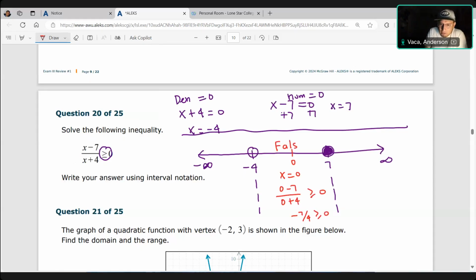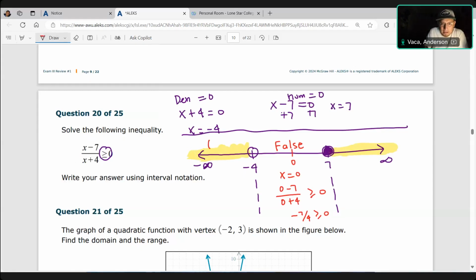It will not work. So to speed up through this process, hopefully I can use this highlighter. This is going to be the solution, and that's going to be the solution. If the middle fails, then automatically the outsides will work.